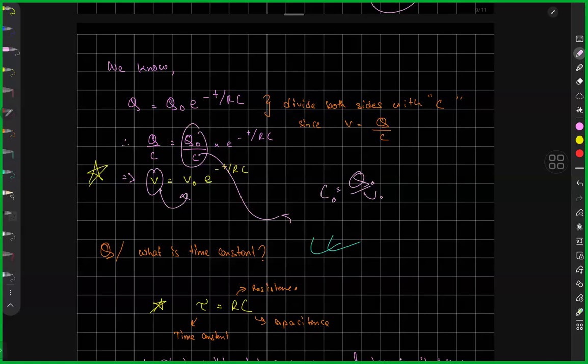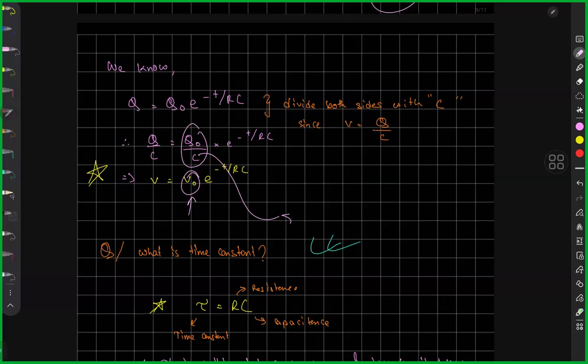Charge is maximum, voltage is maximum, hence the charge that you can hold on the plate is maximum. So what you plug in over here is Q naught by C, which gives me the maximum voltage.